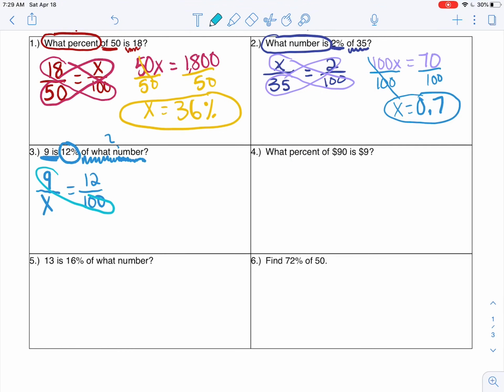Now let's cross multiply here. I have 12x equals 900. Let's take 900 and we have to divide by 12 on both sides. And you get 75.